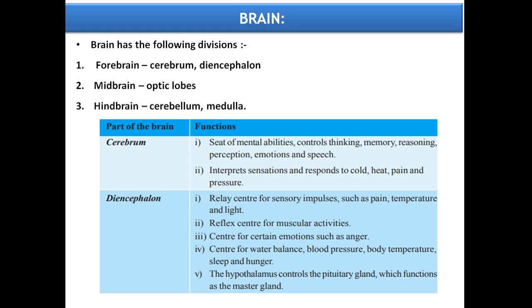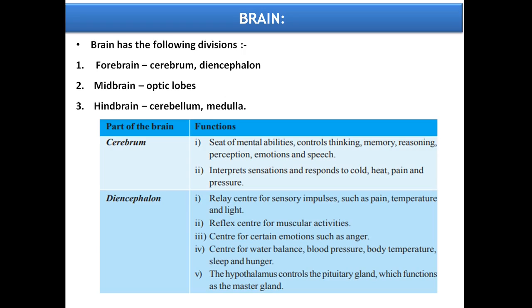Coming to the diencephalon, it is rhomboidal in shape and is visible from the inferior surface of the brain. It lies between the cerebrum and midbrain. It is divided into thalamus and hypothalamus.